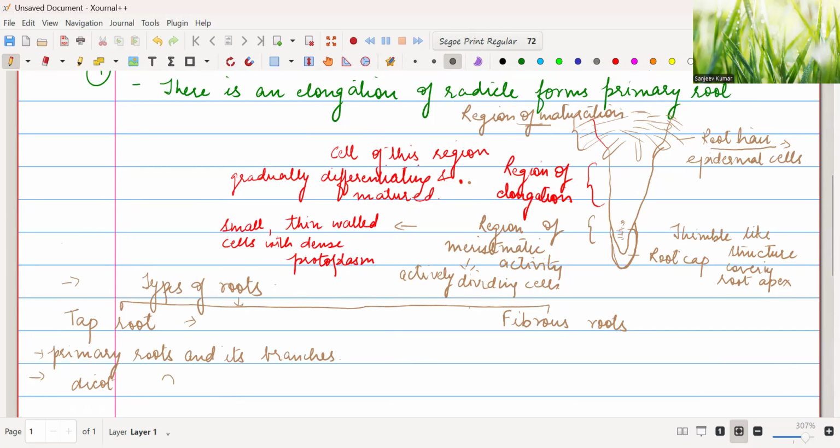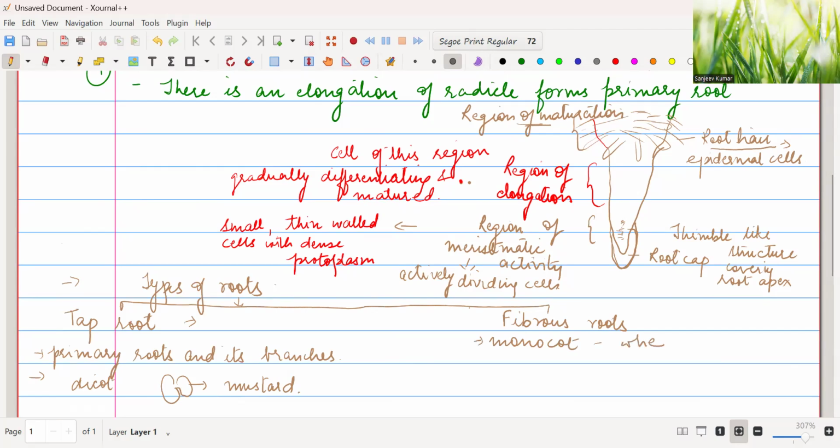Dicots have two cotyledons, as in mustard, pea, and pulses, and fibrous roots are the characteristic of the monocots, meaning the seed has a single cotyledon.